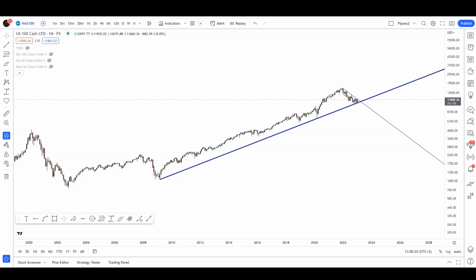Now, back to the possibility of us having another potential crash, right?